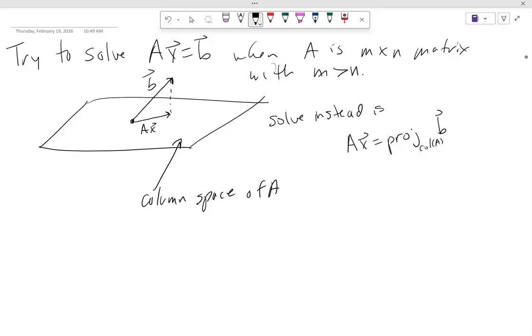Okay? That's the idea behind all of this. So really down here, I just have this projection, and I'm not going to bother putting the little subscript in the projection there. Okay. So this vector that I've drawn down here is the projection, and I want to figure out what linear combinations of the columns give me that projection. That's the picture.